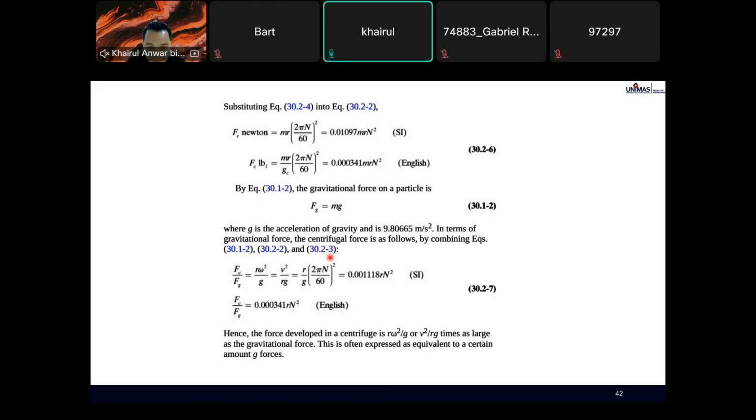Taking that into account, we get 30.2-7. So F_c over F_g equal to 0.00118 r N squared. Hence, the force developed in the centrifuge is r omega squared over g, or v squared over r g, times as large as the gravitational force. This is often expressed as equivalent to a certain number of g forces.